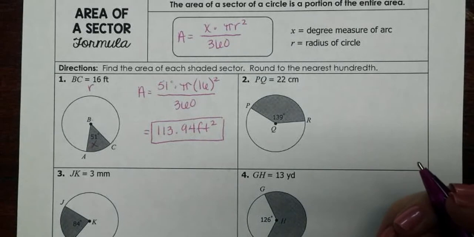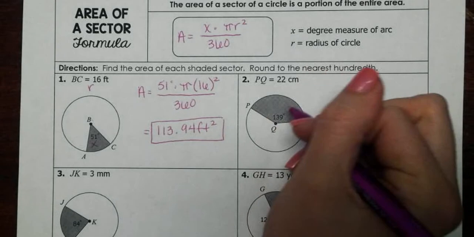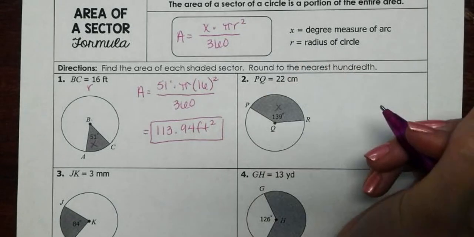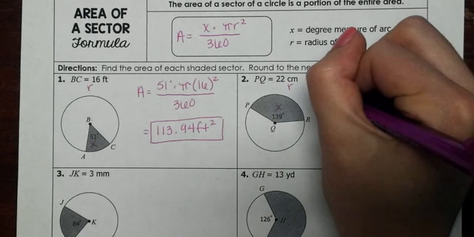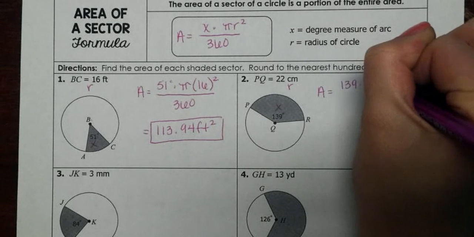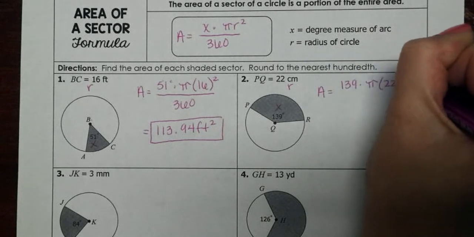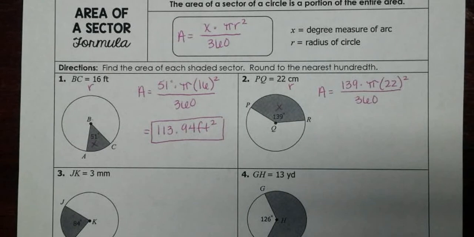Okay, so number 2. This section right here, the shaded section, this is x. PQ, that's your r. So let's plug it in. I'm going to take 139 times pi times 22 squared. And I'm going to divide by 360. So I'm just going to plug that in.